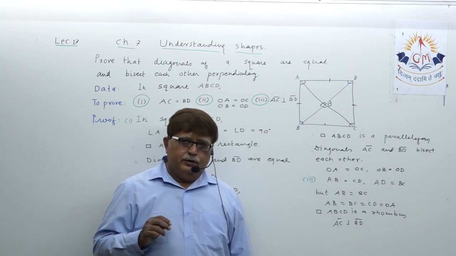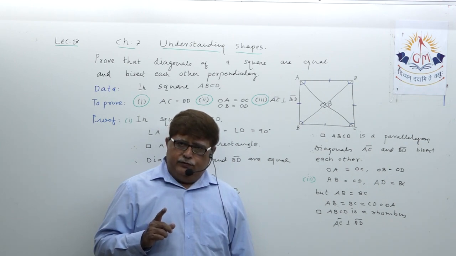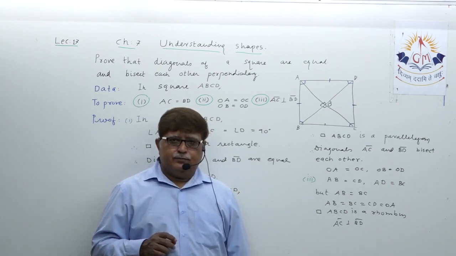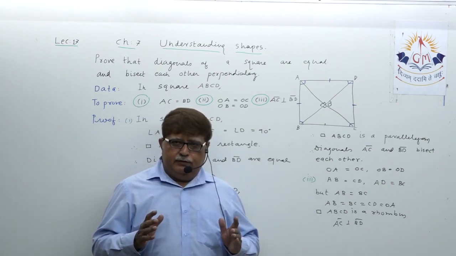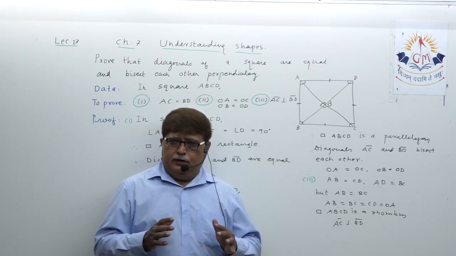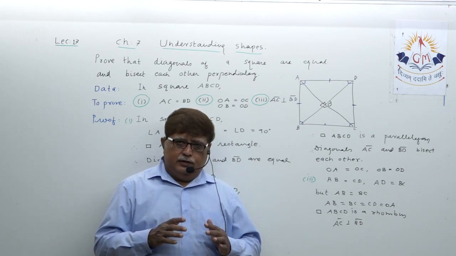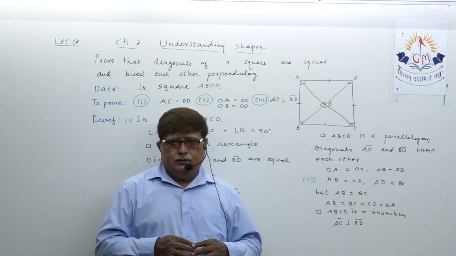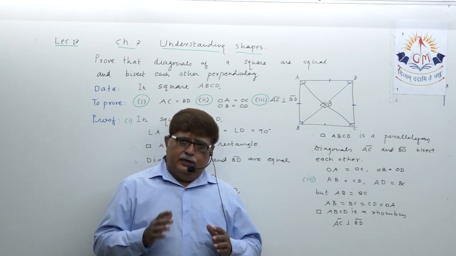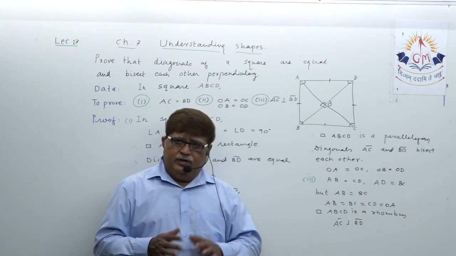Fourth property, diagonals bisect the angle through which they pass. Then come to the square: opposite sides are equal, all sides are equal, all angles are right angle, diagonals are equal, diagonals bisect each other perpendicularly.